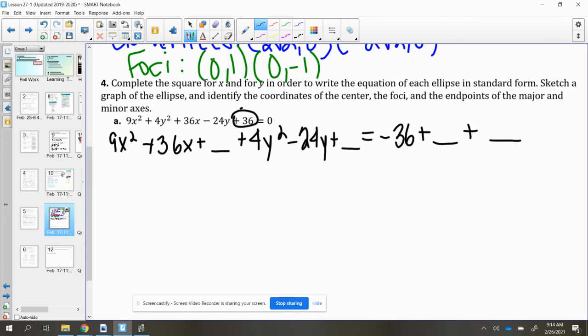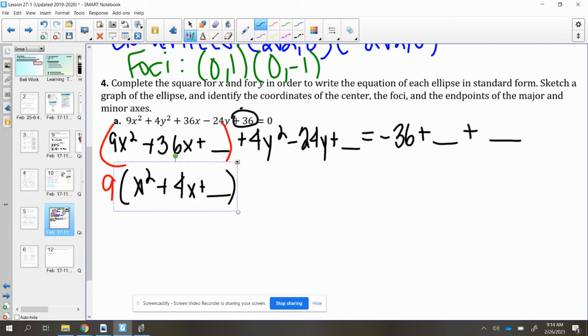And a reminder, whatever you add to the left, you are going to have to add to the right. Now, before we figure out what to square and add in, what we're going to do, similar to what we did the last time, is we need to take out a greatest common factor here. So we have a 9 that is able to be taken out of the first piece, and we have a 4 that would be able to be the greatest common factor between the second piece.